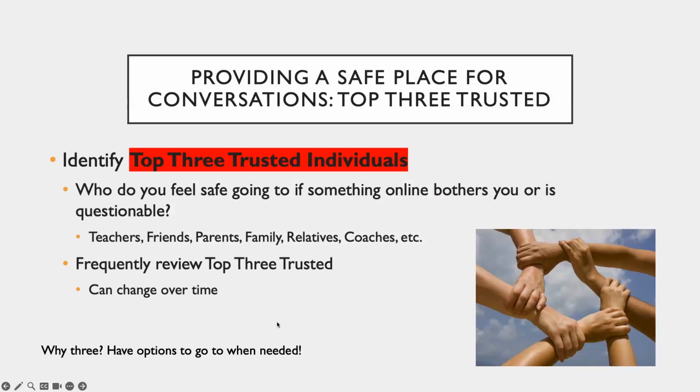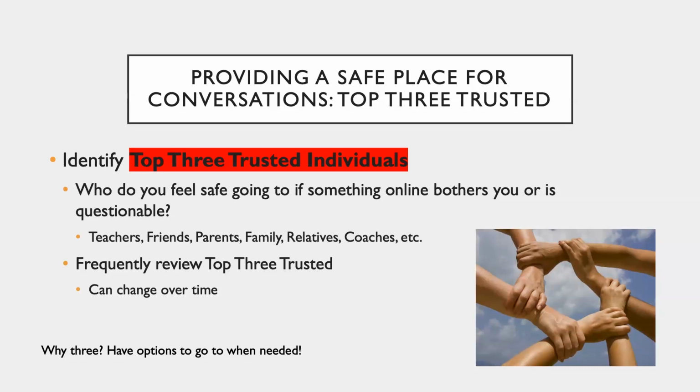Okay, the next one is the top 3 trusted. This is actually one of my favorite strategies. So a top 3 trusted means we have 3 people. I actually personally have a top 3 trusted network. So a top 3 trusted, we have 3 people we feel safe going to, talking about something that happens online.